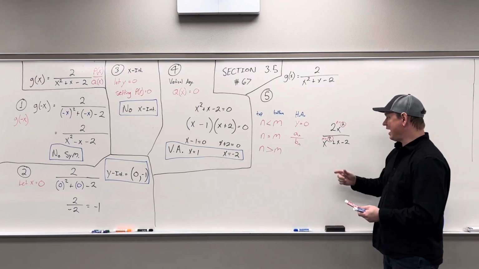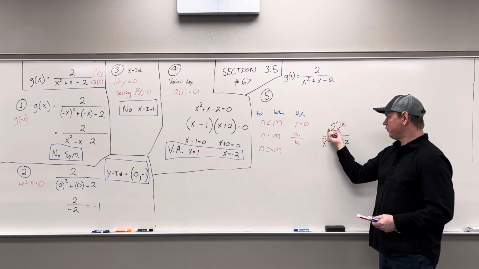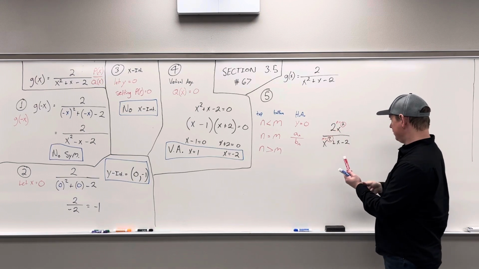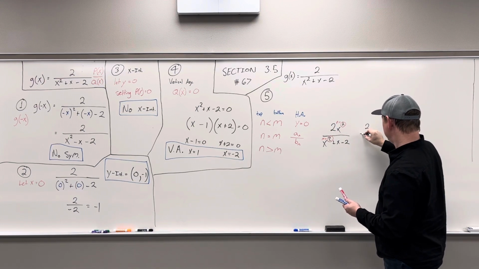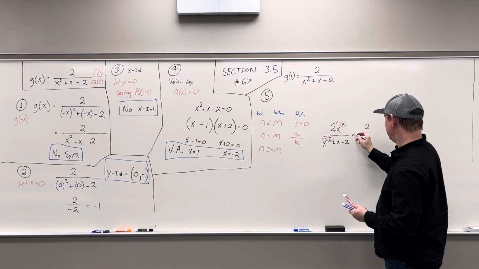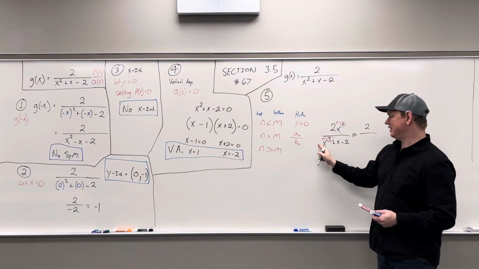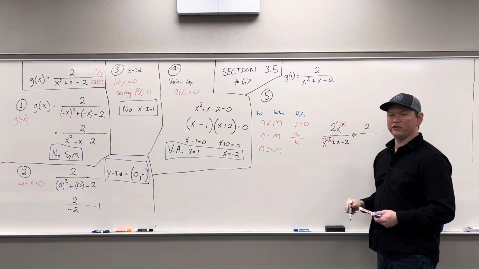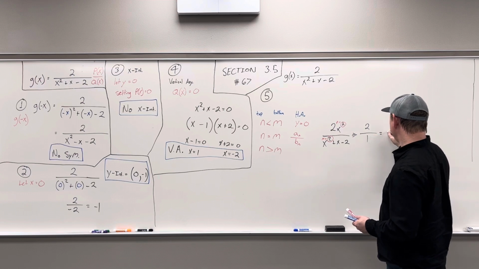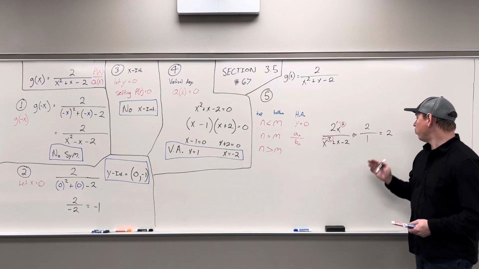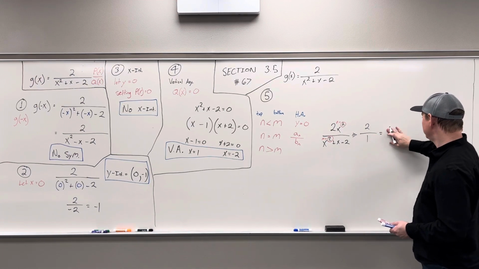it's saying take this first guy, and then take the coefficient in front of that one over 1, and we would get 2. So we would have y equals 2.